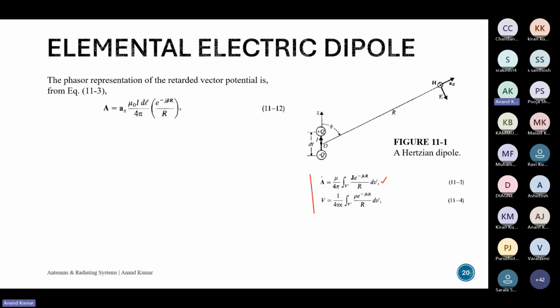This is the expression for A. Instead of writing J, we have removed the integration and written I dl over here. If you integrate, you'll get this expression, so essentially these are the same. A is given by this expression. If you are stuck, maybe revise.